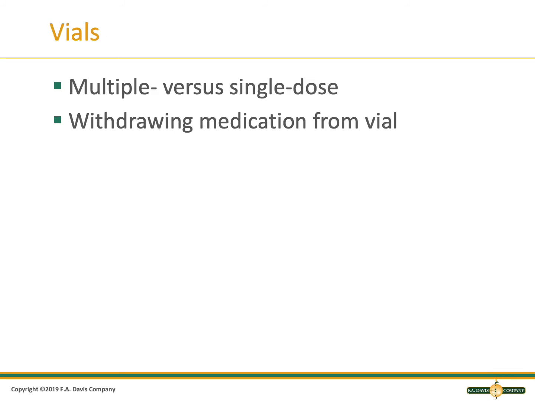There are different size vials. There are multiple versus single dose vials. In the lab, we've been using multiple dose vials. Some of the single dose vials include the vaccines.